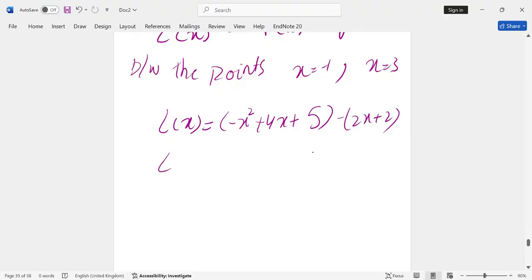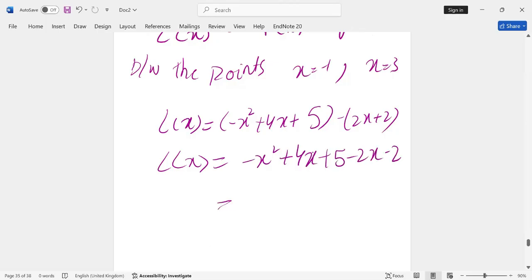So let's solve this equation. We get minus x squared plus 4x plus 5 minus 2x minus 2, so we have minus x squared plus 2x plus 3. This is the equation of L of x, and this is a downward opening parabola, so its maximum will occur at its vertex.